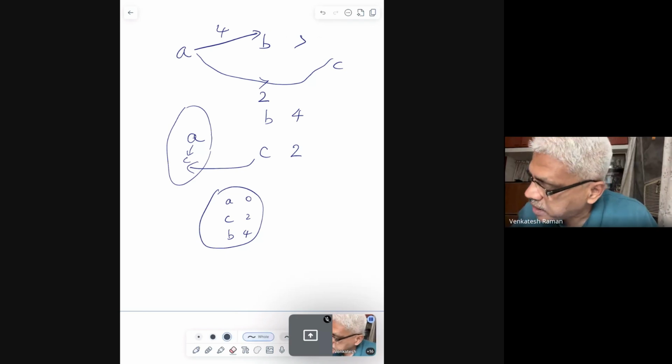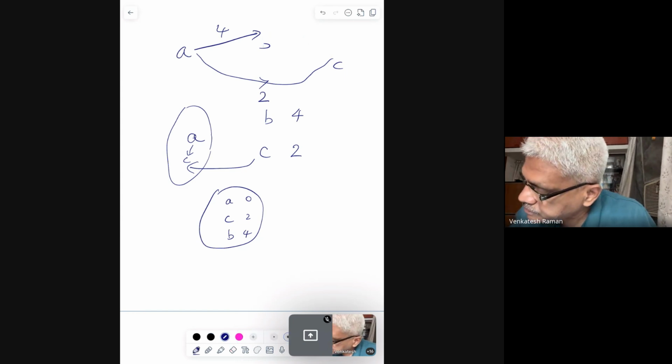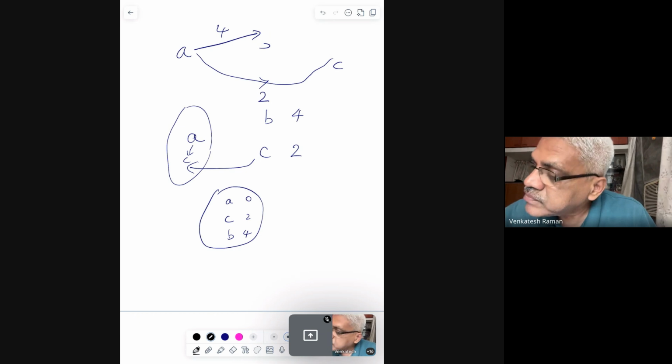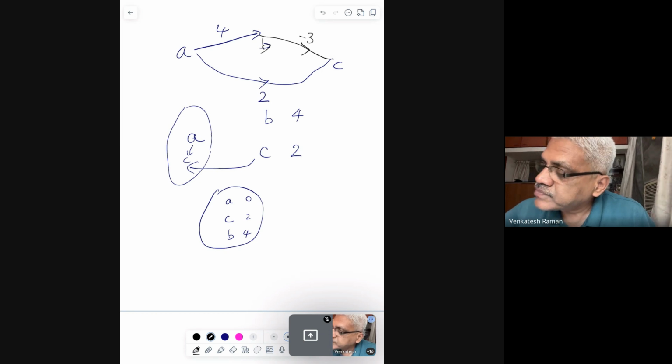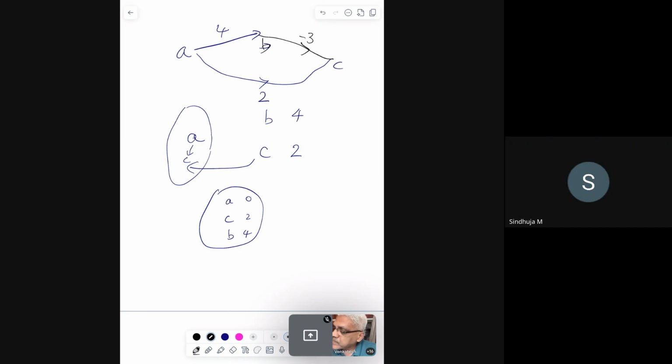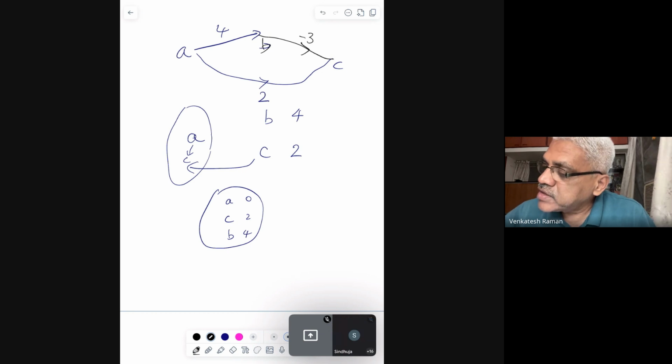Let's see. Suppose I have the following. If you are unhappy with -1, suppose I would say -3. Then A to C, the distance is 1 through B, but the direct distance is 2.